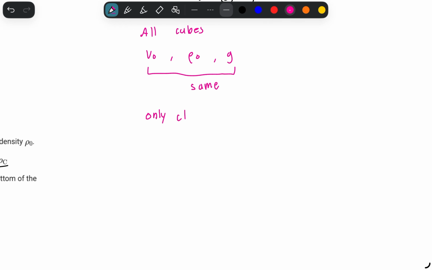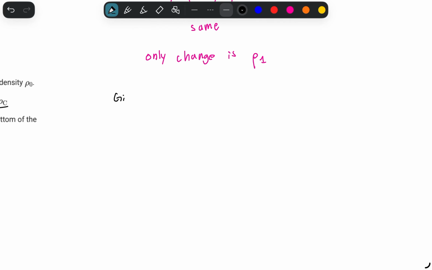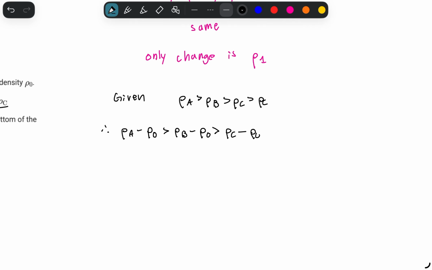Our only change is the density of the cube. So we were already given this ranking. Therefore, we know this. So that's our greatest.